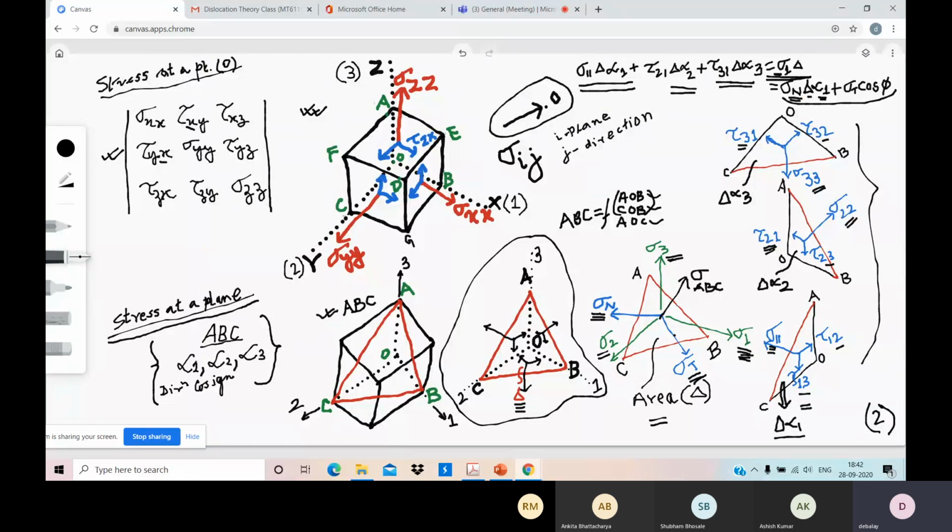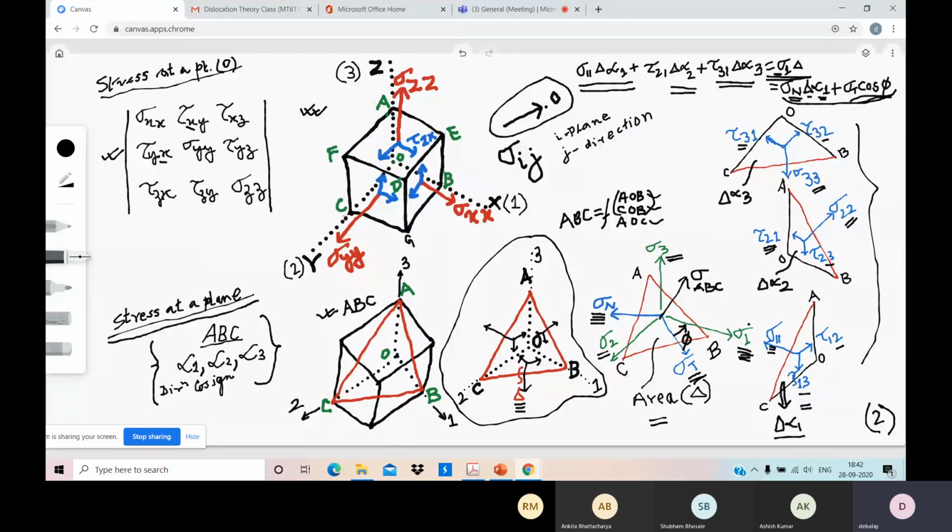Similarly, sigma t will also have a contribution towards sigma 1. This is sigma t. If I consider the angle between sigma t and sigma 1 as phi, sigma t will have a contribution of sigma t cos phi. And we know alpha 1 is basically cos theta 1, because the perpendicular direction makes an angle, say theta 1, with the sigma 1 direction, the major direction, and its direction cosine is alpha 1.